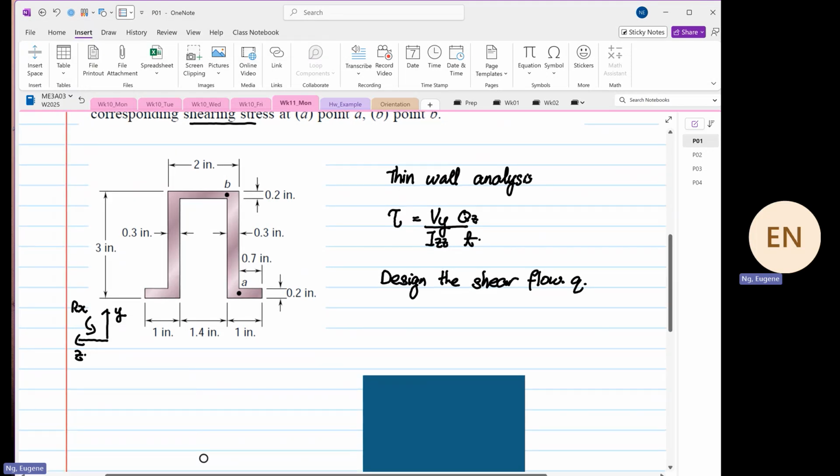Remember what we spoke about determining the shear flow: we have to firstly identify where our major web is.